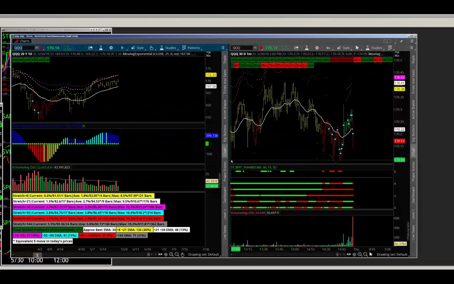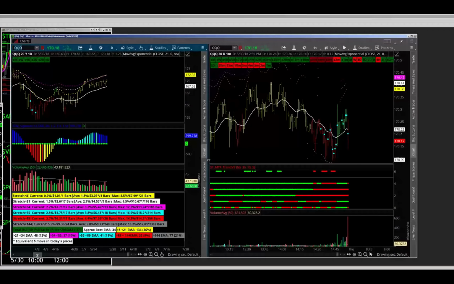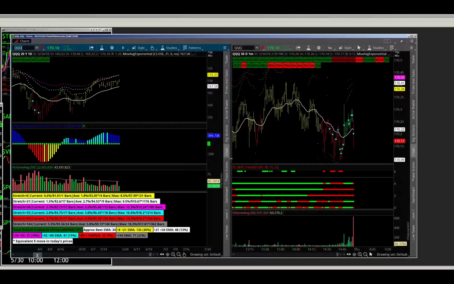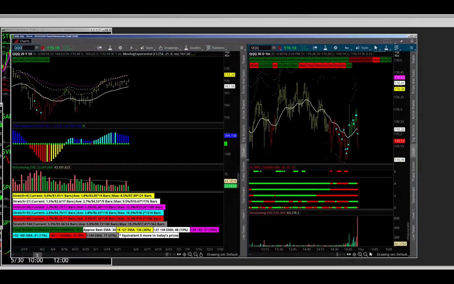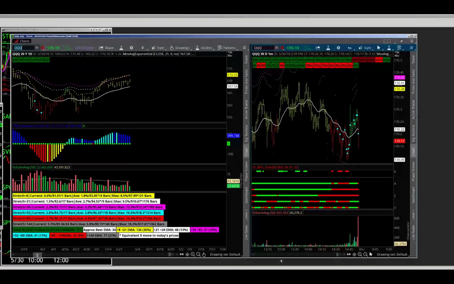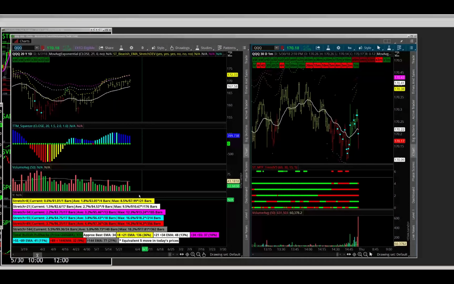I'm going to squish this over a little bit and resize the smaller window. Now all of the moving average crosses are on top, and the multi-squeeze, which is a different tool, is on the bottom. And this is the daily chart with the zones.